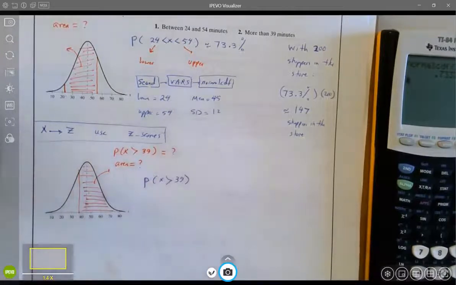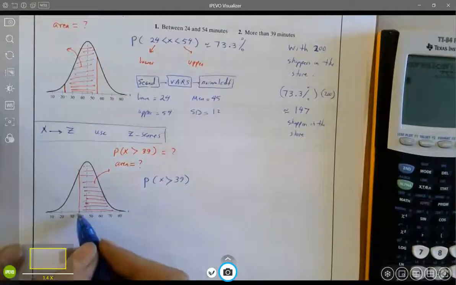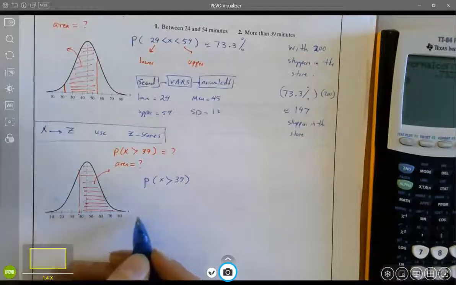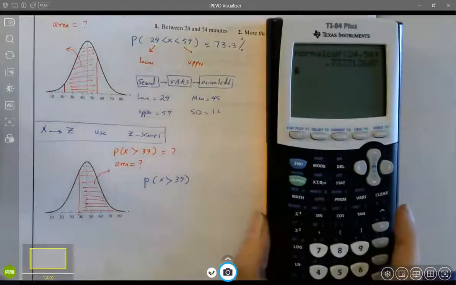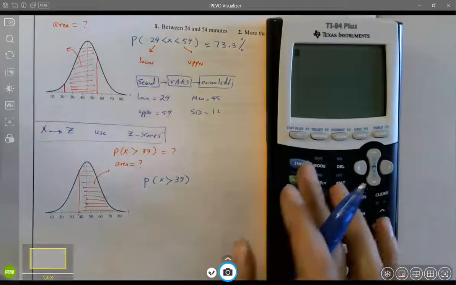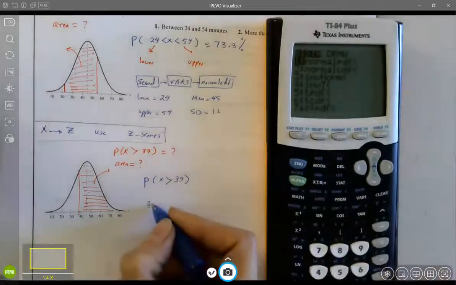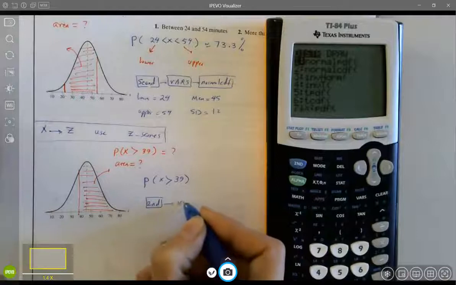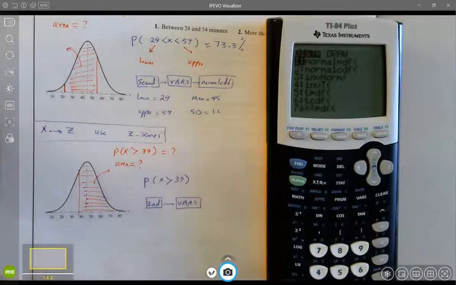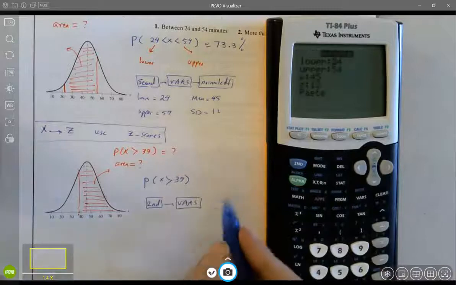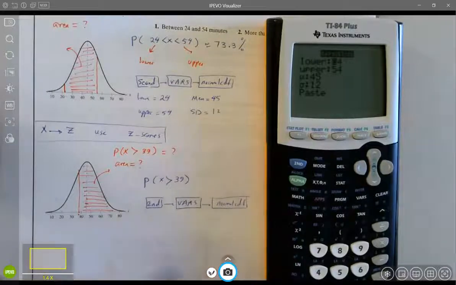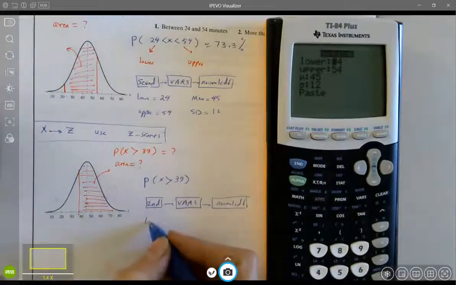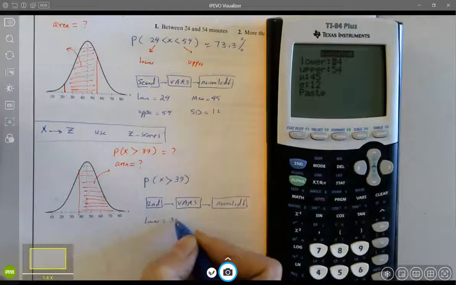As you can see, your lower bound is given. Your lower bound is 39 minutes, and your upper bound is a positive large number. Use our calculator. Second, VARS, normal CDF. Our lower bound is 39 minutes.